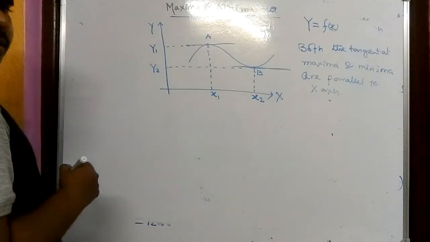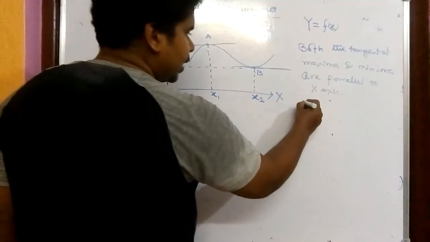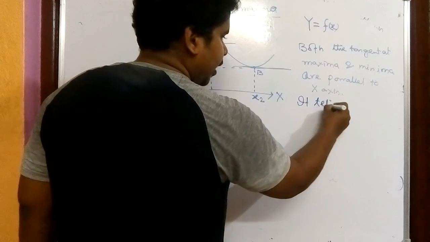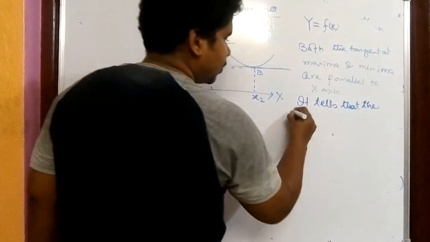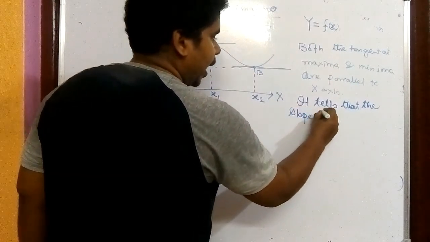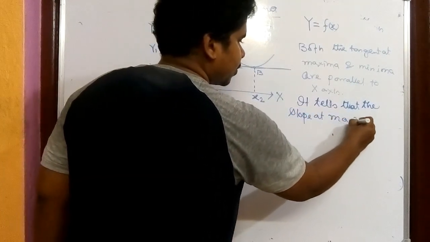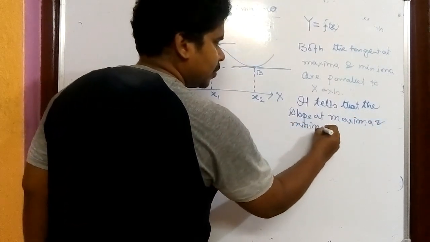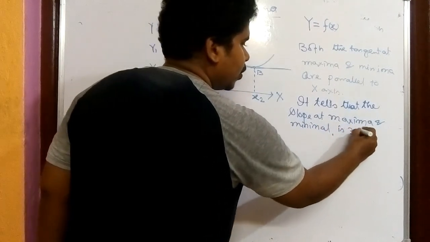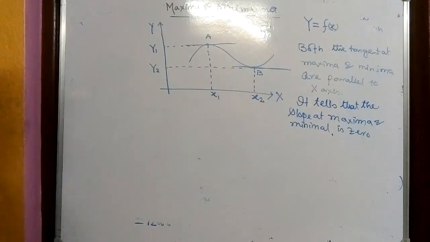What does it tell? It tells that the slope at maxima and minima is 0. Why? Because we know slope means the angle made by the tangent at any point of the curve with the x-axis.